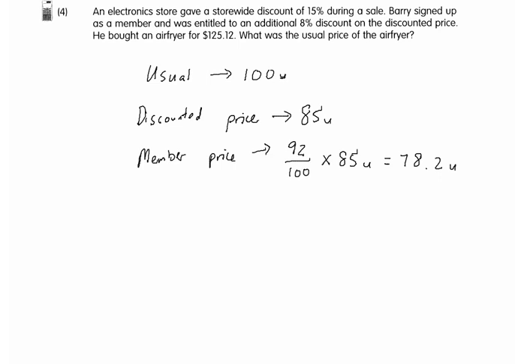So, since it is 78.2, you can write 78.2 units equals $125.12.